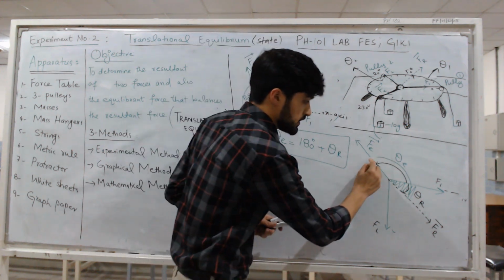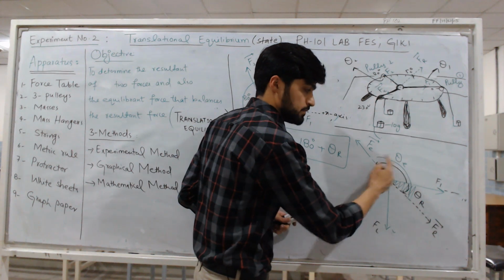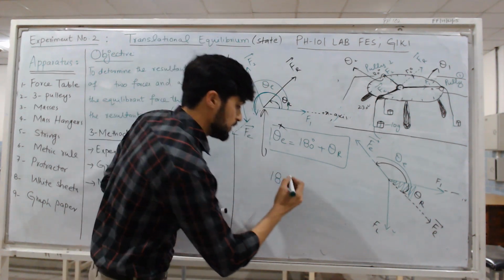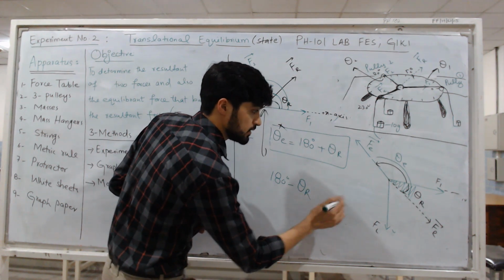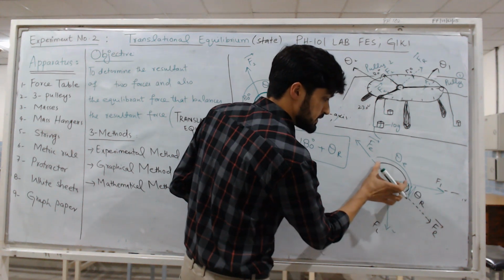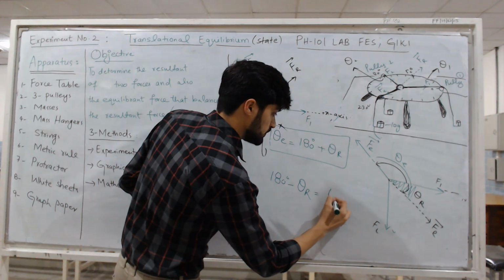If I subtract this theta R from this green semicircle, which is 180 degrees, I will get this angle. So it is equal to theta E.